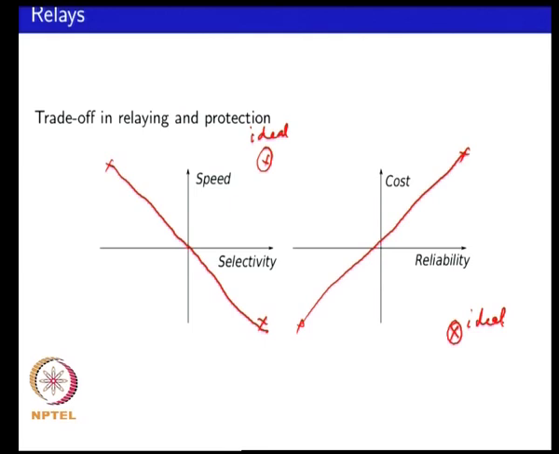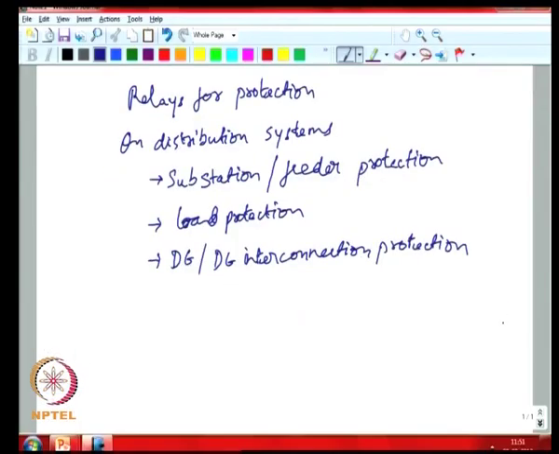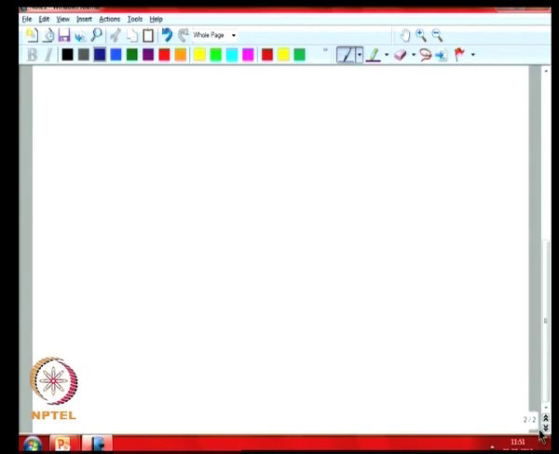If you look at what you need to protect in a DG application, where you are bringing a DG into your system, one thing you would definitely want is for whatever loads are there in your facility to be protected.